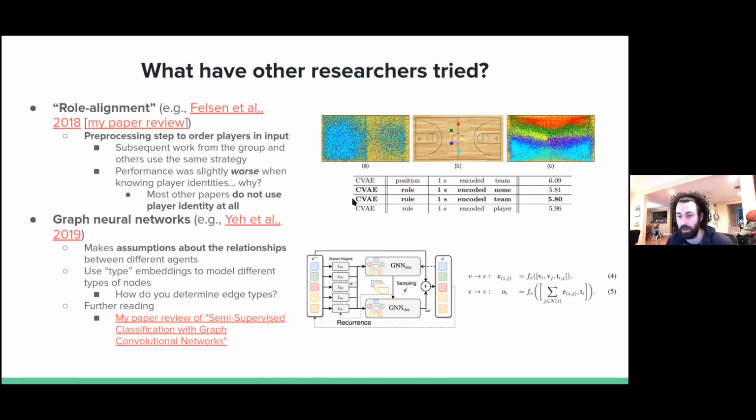That's what you can see here. When they don't include any identity at all, either team or player, this is the model's performance. But when they add player identity, the model does notably worse. That doesn't seem to make sense, because players have a wide range of skills, right? It seems like there's a lot of relevant information there when trying to predict what's going to happen on the court. So that doesn't seem like an optimal strategy.